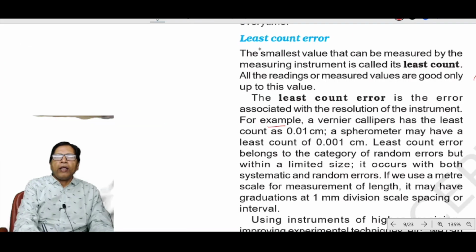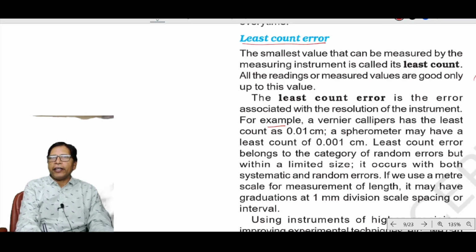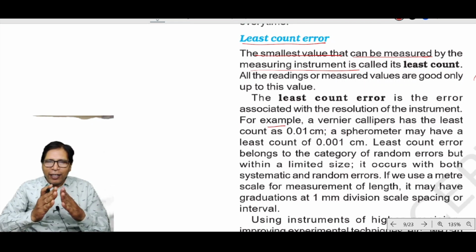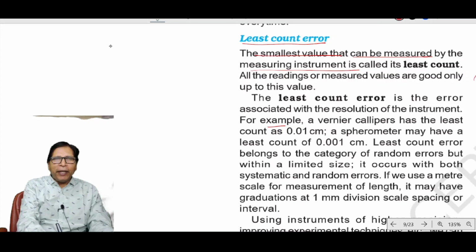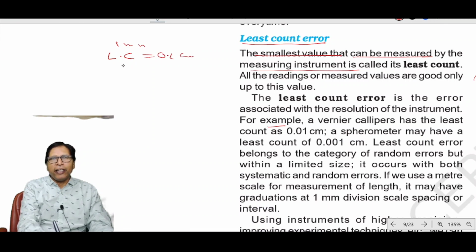Okay, now look at this, least count error. The smallest value that can be measured by a measuring instrument is called least count. Look at this, a meter scale measures 1 millimeter. So the least count of the meter scale is 0.1 centimeter.